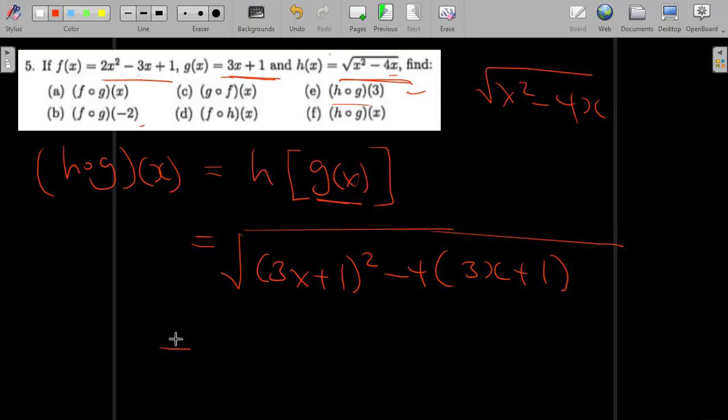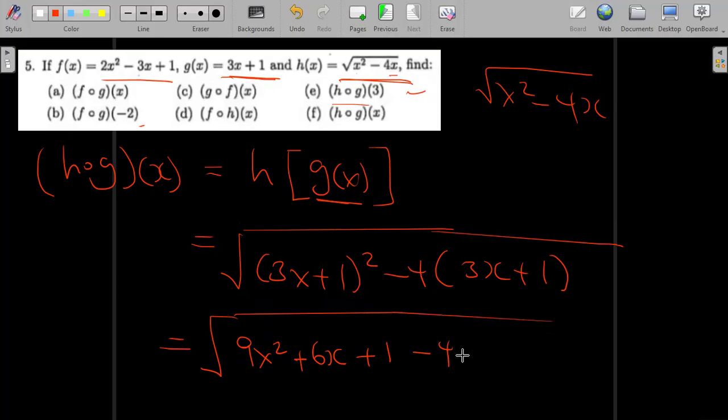Then I can expand this first part, meaning that would be 9x squared plus 6x plus 1. Then multiply this, you get 12x, then negative 4 there.